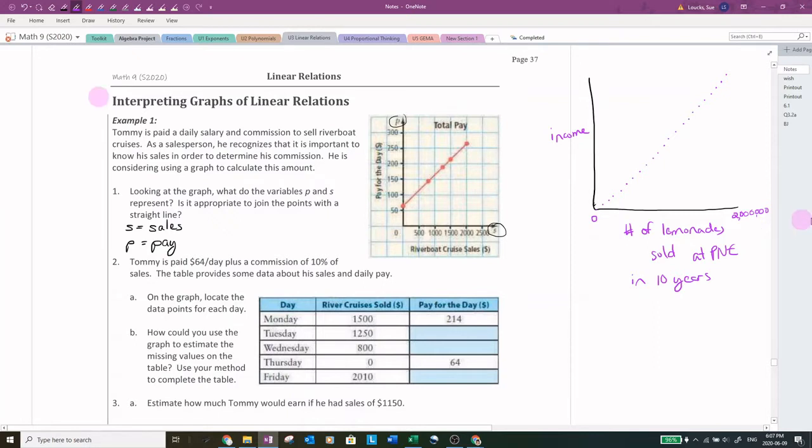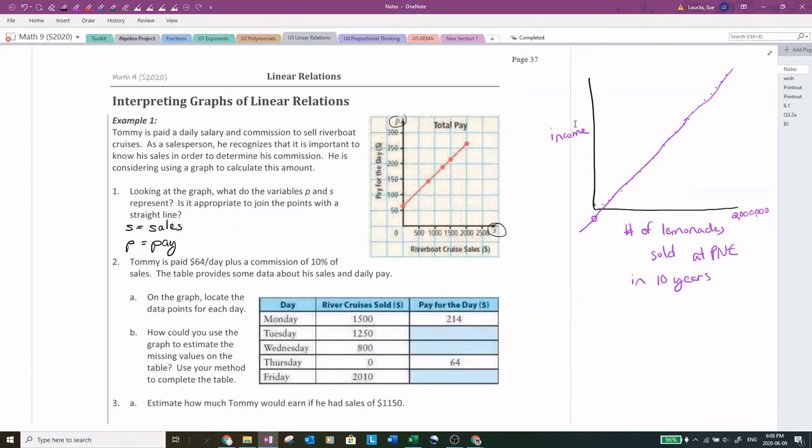And I can't put 2 million dots along here, so I'm going to put a line. It is going to be a line through those dots, because the dots would be so close together that it would in effect be a line. So that's the judgment call that sometimes you need to make.